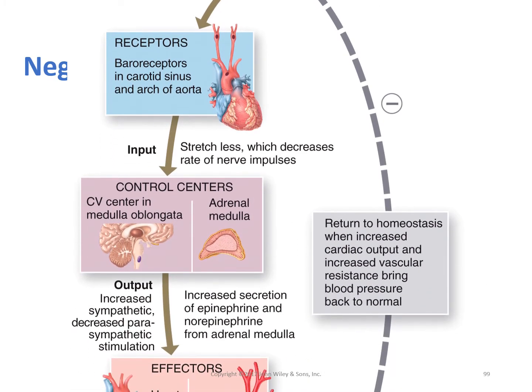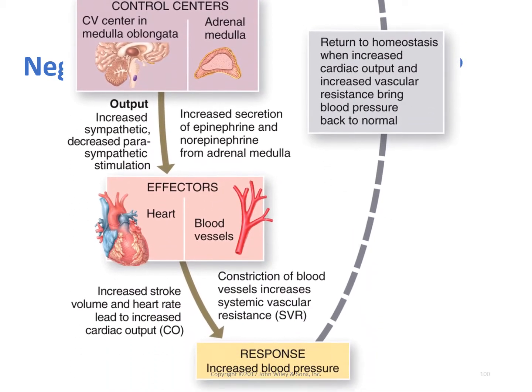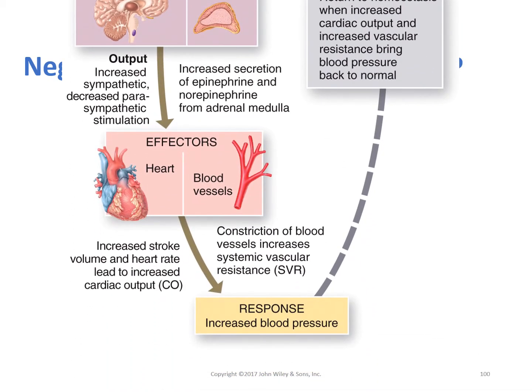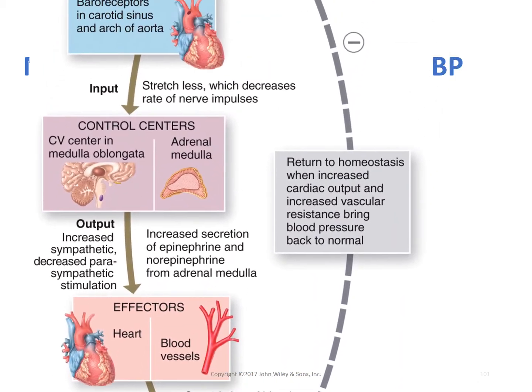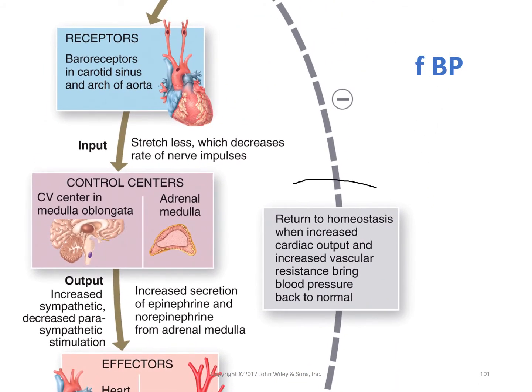And they can stimulate the adrenal medulla to release epinephrine, norepinephrine, and also stimulate the cardiovascular center in the medulla oblongata. And the heart and blood vessels will react, and the response will be increased blood pressure and a return to homeostasis.